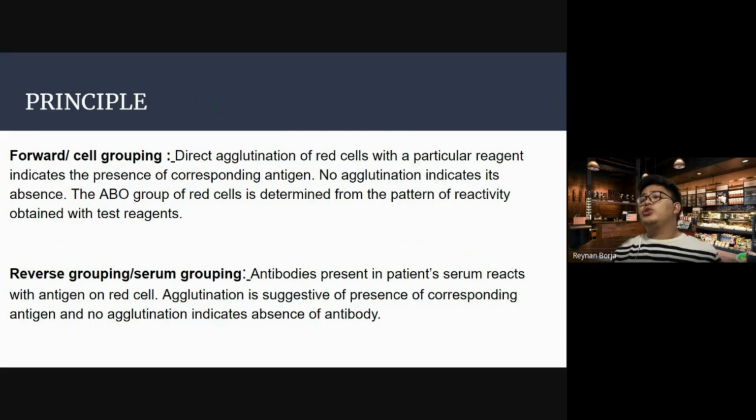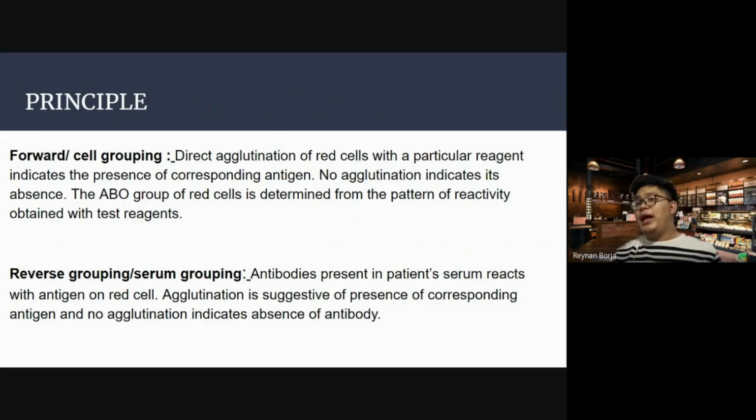So, depende sa reagents kung kailan mo siya babasahin. So, importante na magbabasa tayo ng protocol and inserts. Kasi for example, your blood groups must interpret the result within 3 minutes only, o kaya after 5 minutes. So, it depends on the manufacturers. Okay? Pero ang pinaka-principle is may direct agglutination ng RBCs if may present yung antigen. If wala, di wala. Yun lang.